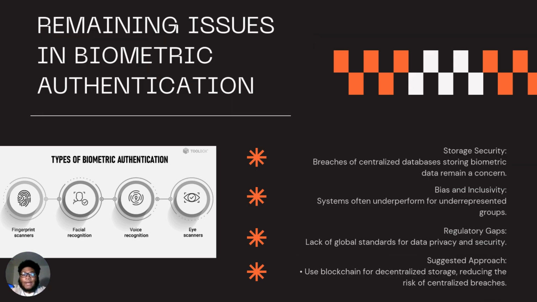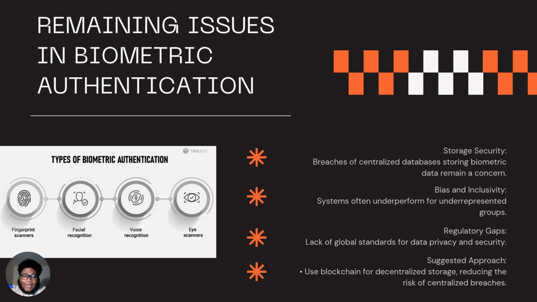Next up, we have the remaining issues in biometric authentication. Despite several advancements, several issues remain. One of the issues can also be the centralized database storing biometric data, because they are still vulnerable to breaches. Systems often underperform for certain demographics due to bias in the algorithms.